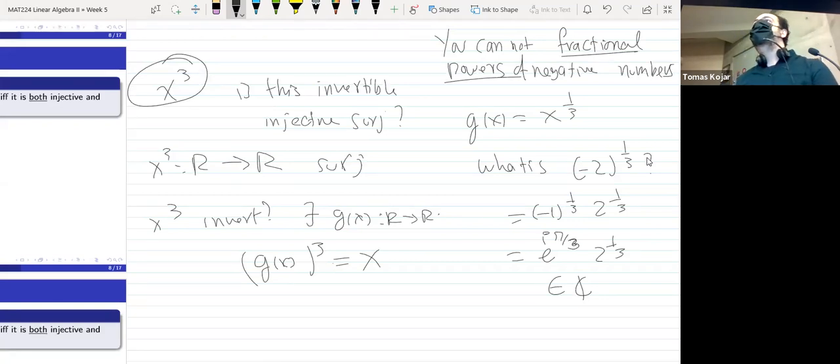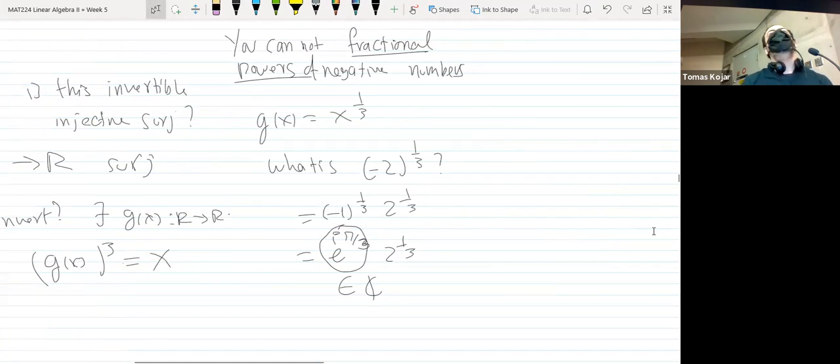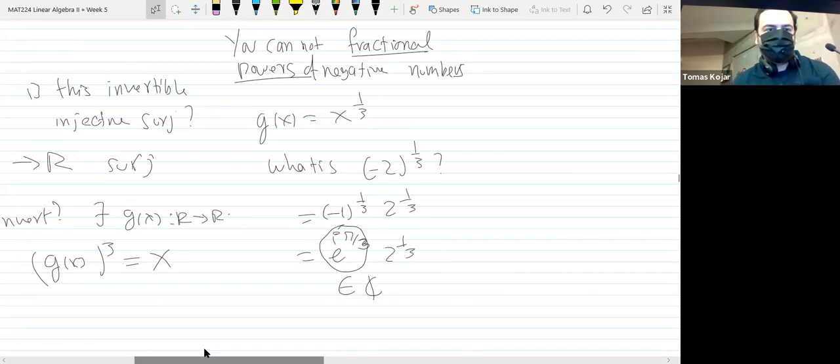Question? Oh, because you have three choices here. So how do you say this? I have to think about this. How can you show a contradiction here? Let me think about it. But be careful when you take fractional powers.